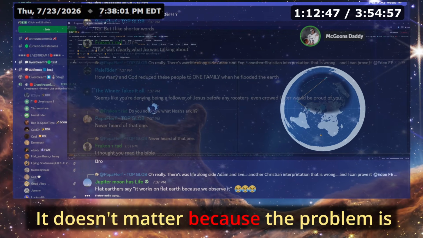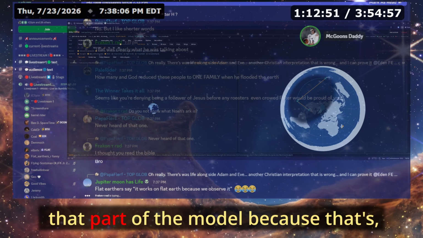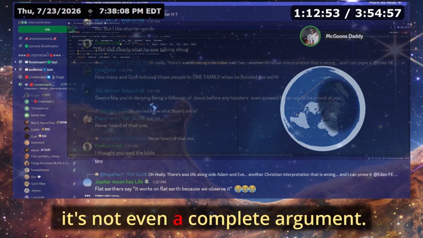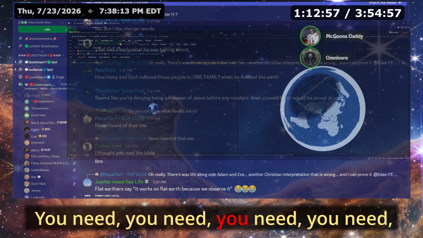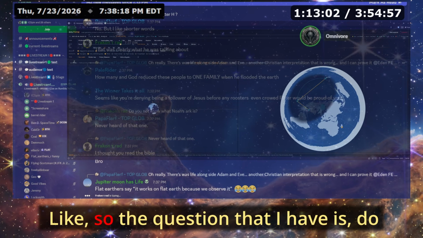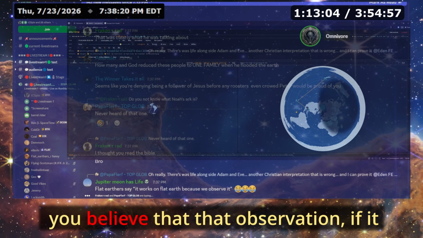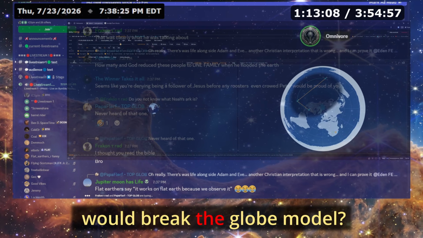It doesn't matter, because the problem is we can't even go into the validity of that part of the model, because it's not even a complete argument. Do you know the structure of an argument? So the question that I have is, do you believe that observation, if it were true, would break the globe model?